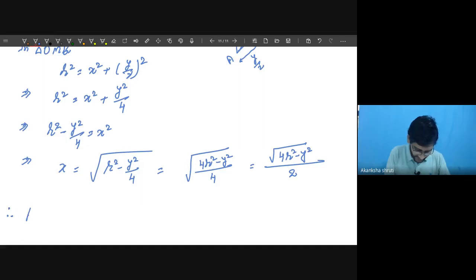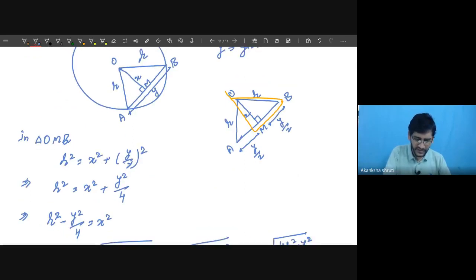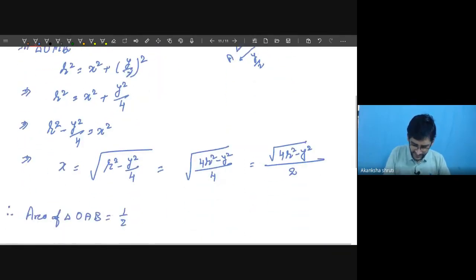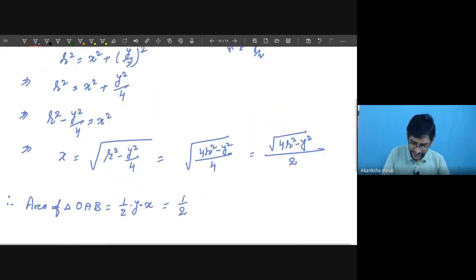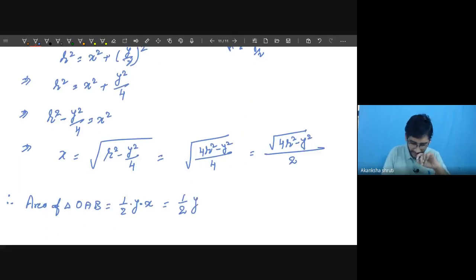Therefore, the area of triangle OAB can be determined by half into base into height, in this case AB is our y and x. Just substitute it. Half base is our y and this x we have calculated as under root of 4r square minus y square by 2.